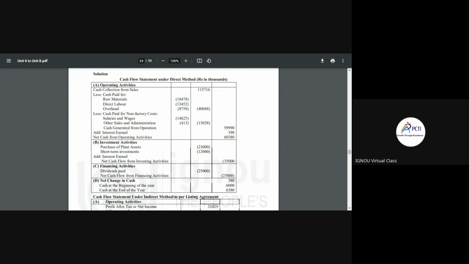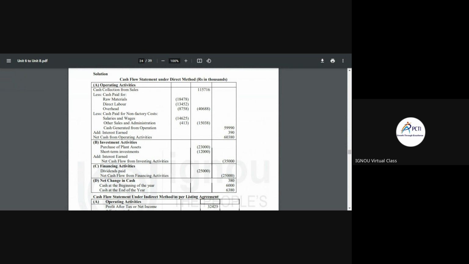Then we have financing activity, in which we have, sorry, in the financing activities we have dividend paid, and we only have the dividend paid.